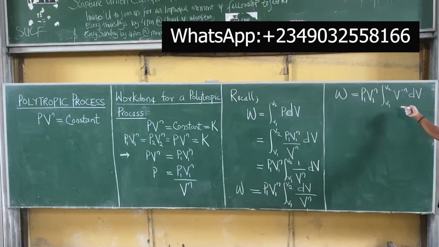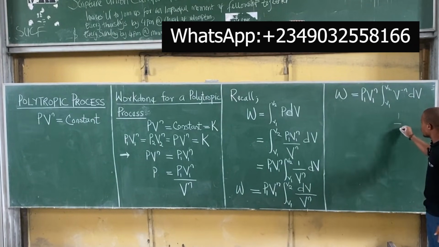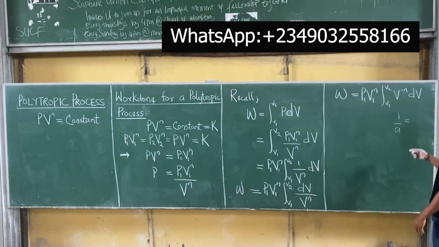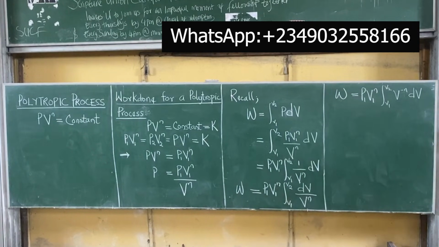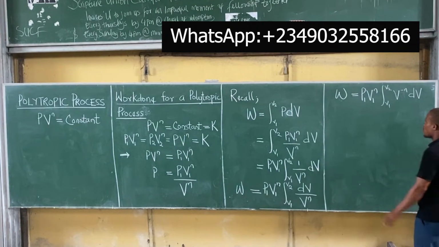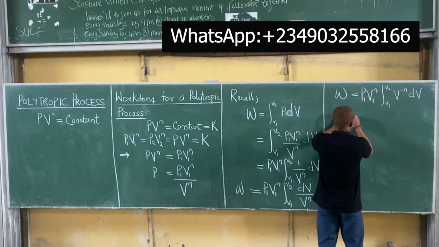I told you the reason for this in our last class. We know that whenever we have 1 over a^n, from our indices, it is the same thing as saying a raised to power minus n. So that is it. Now we can integrate this. So how do we do that?